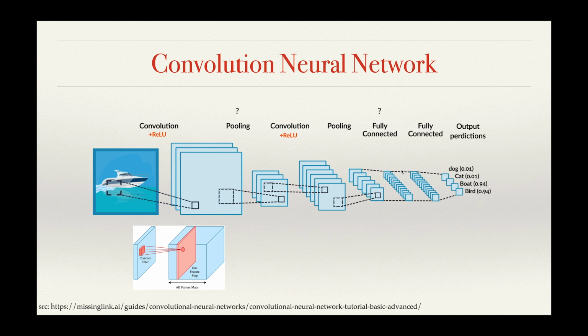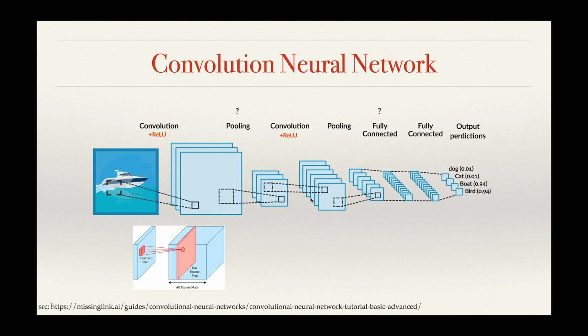With that, first of all, we are making the computation faster, and we are also reducing the complexity of the network. Also, at the beginning of the image, let's say if we are trying to detect a boat, most of the pixels are unimportant, like the background, and what is important are the pixels of the boat itself.